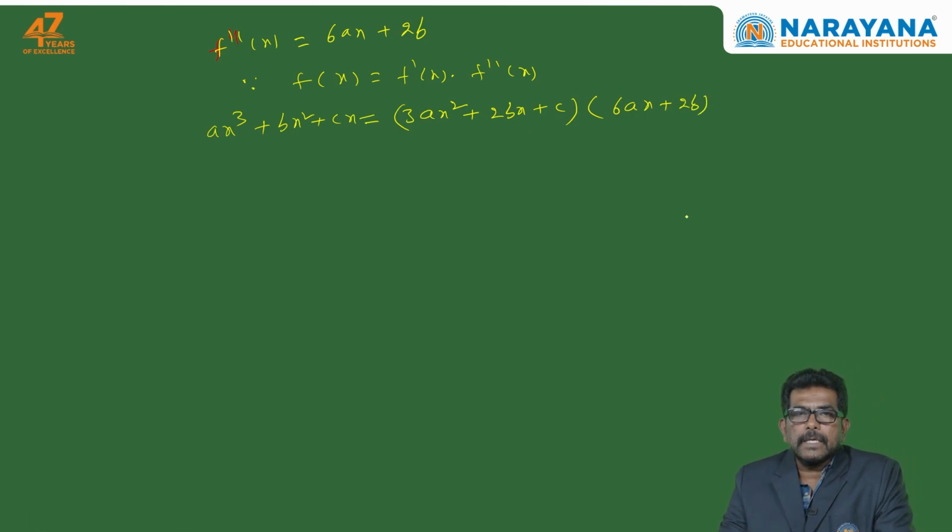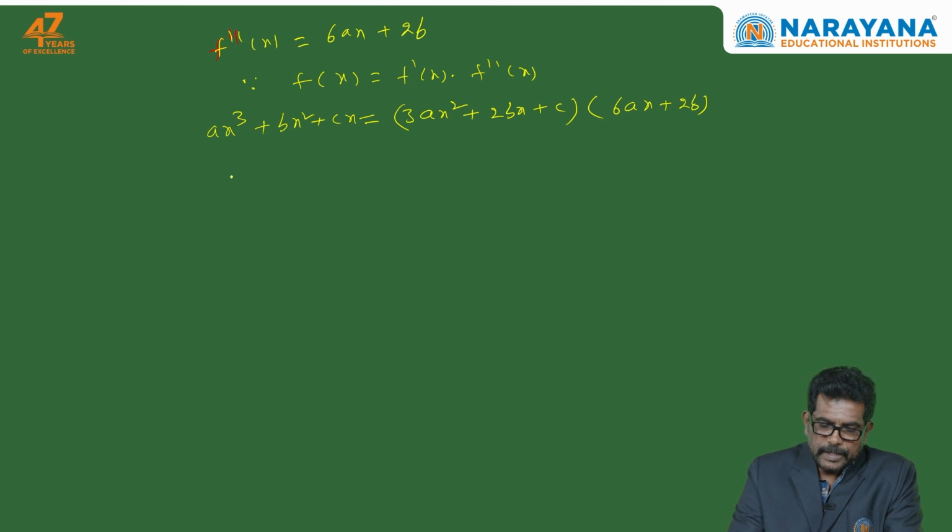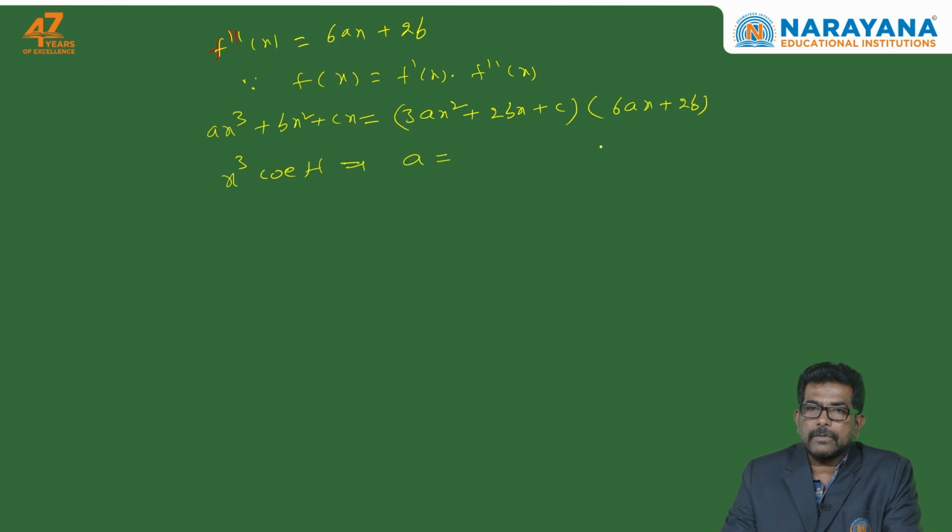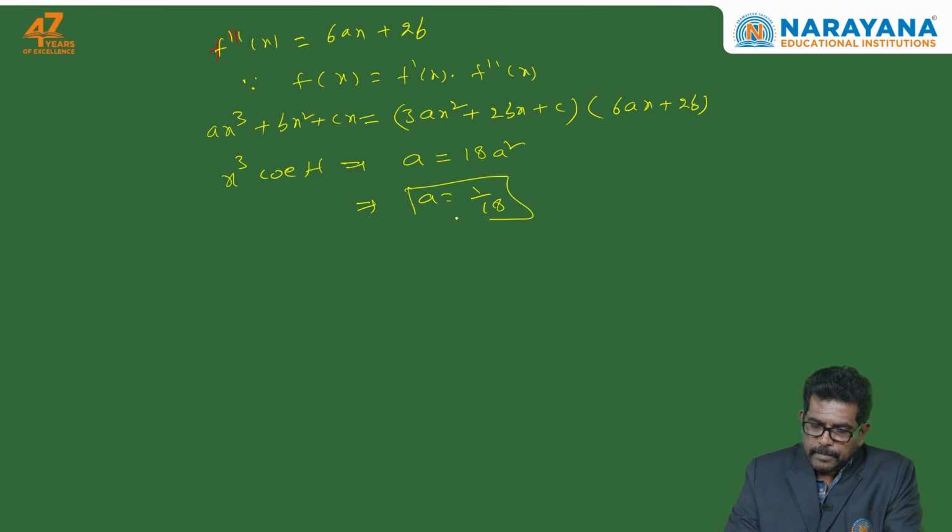Now LHS and RHS are polynomials. We are comparing the like terms coefficients. Comparing the x cube coefficient, left hand side a is equal to, right hand side becomes 18 a square. So from this a is equal to 1 by 18.